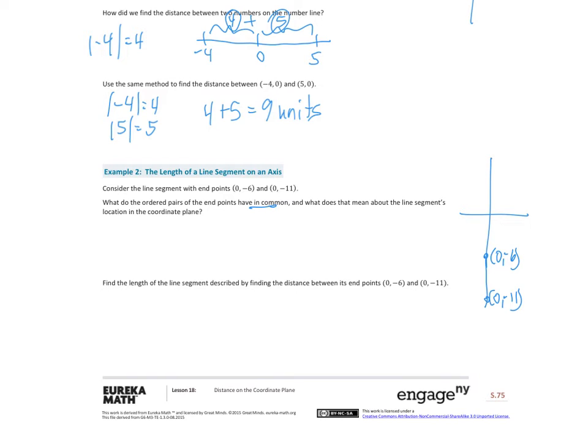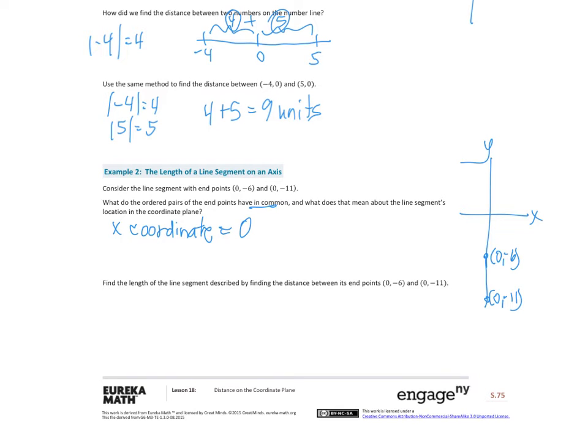Okay, 2 questions. So first I look at those and I look for commonalities, and I see, remember this is the X, this is the Y, that the X coordinate equals 0. So we've got that taken care of. And then those points are lying on the y-axis.